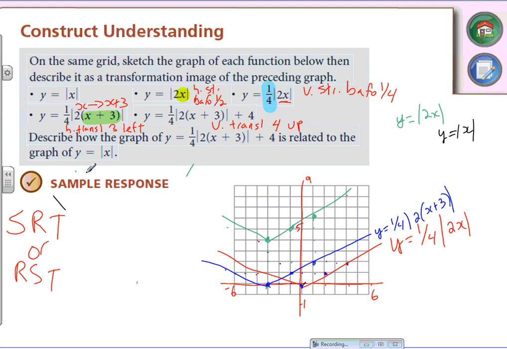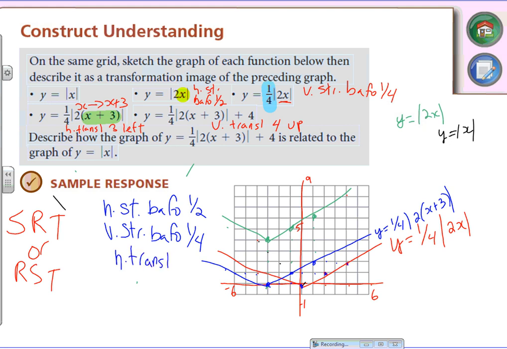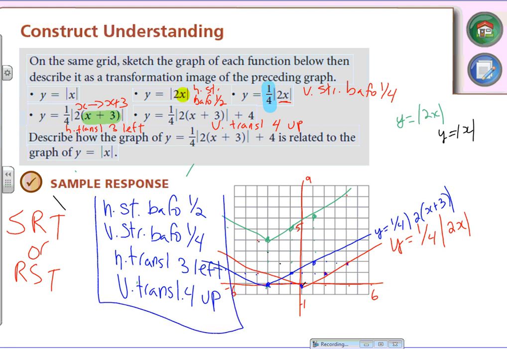I've got a horizontal stretch by a factor of 1/2, followed by a vertical stretch by a factor of 1/4. Then I've got no reflections happening here, so now I'm into the translations. Horizontal translation, 3 units left, and a vertical translation, 4 units up. That's the description of our transformation language.